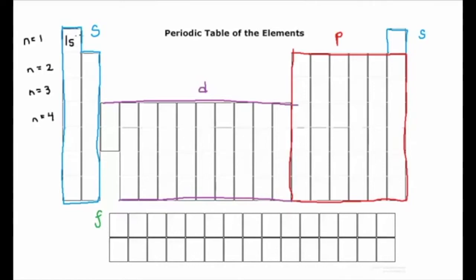I've only hit one box so far, so there's only one electron. If I move over here, because I'm reading it like a book, I'm still in my first energy level, s sublevel, but now I have 2 electrons because this is my second box.